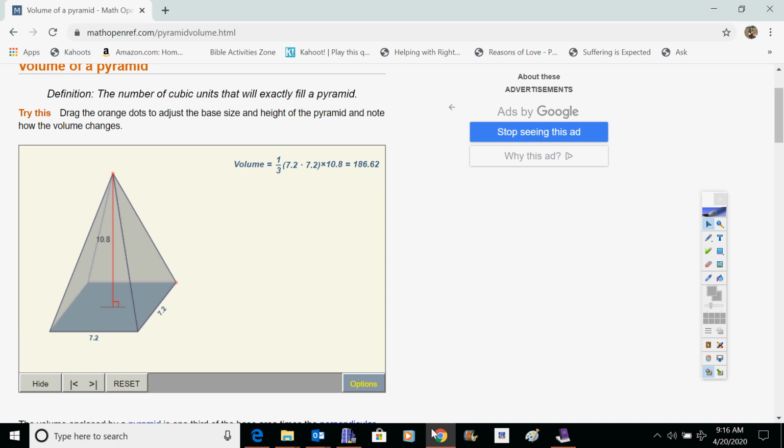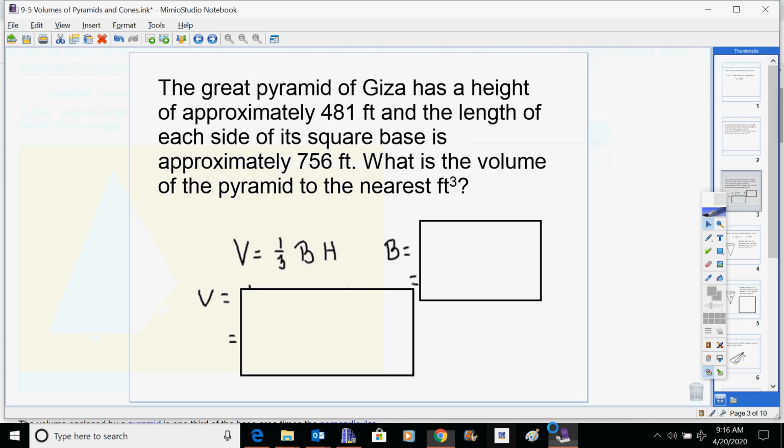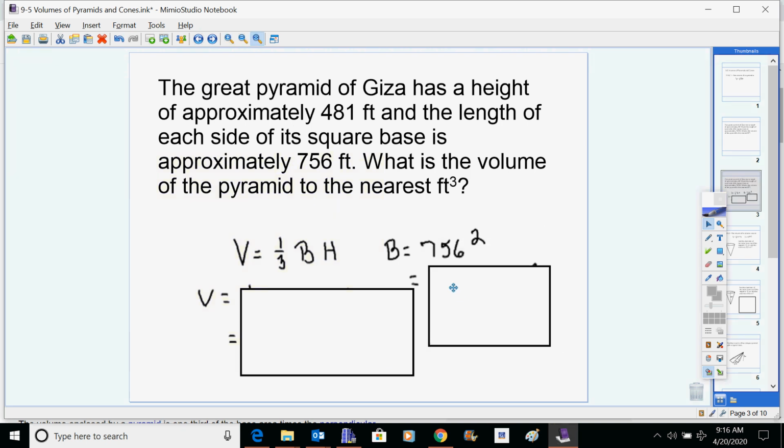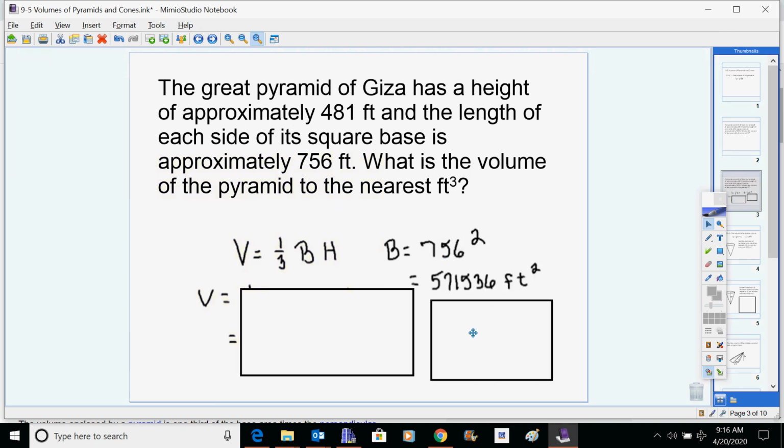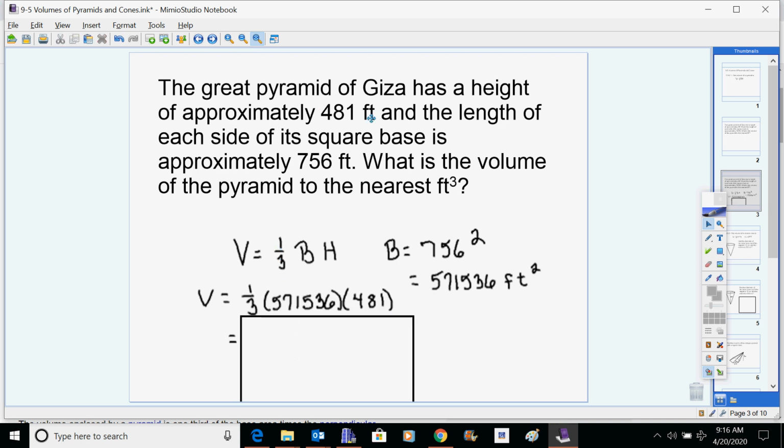You could change that to our number 756, we would be doing for our base 756 times 756, which you can use any calculator to find this number. And then 1/3 of that number times the height, 481.